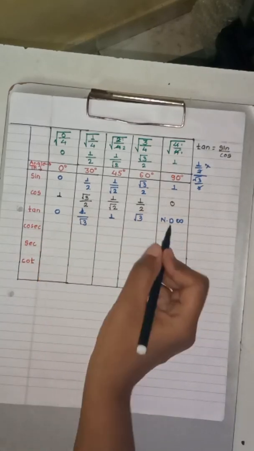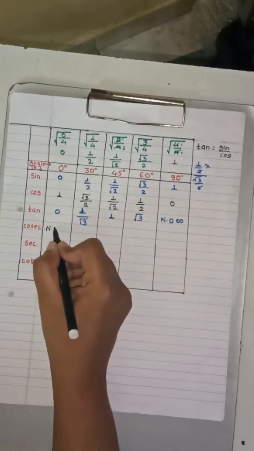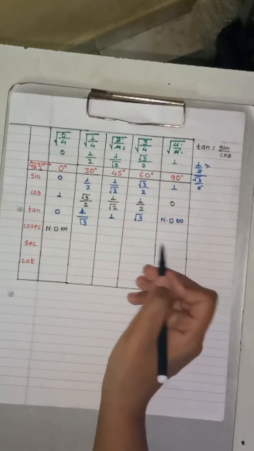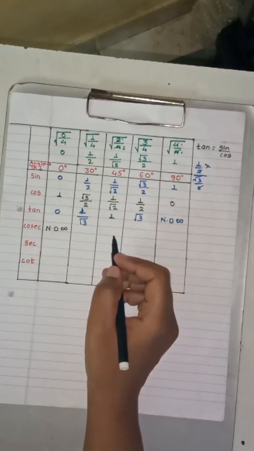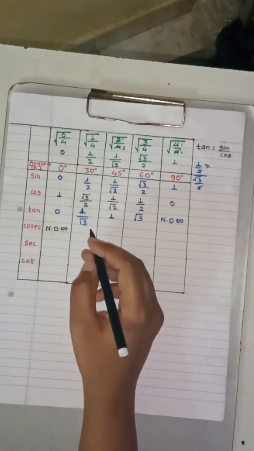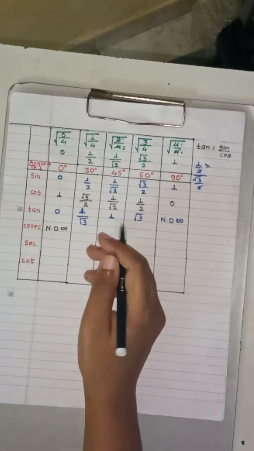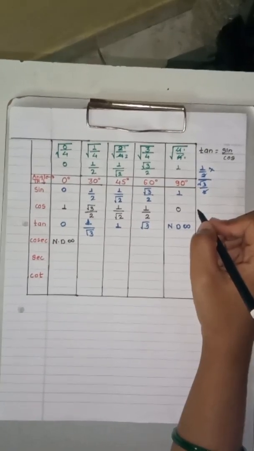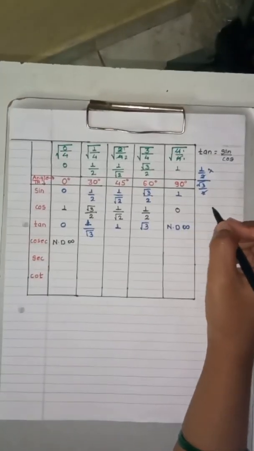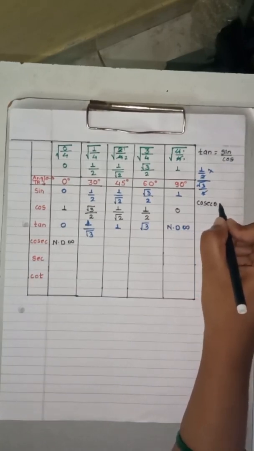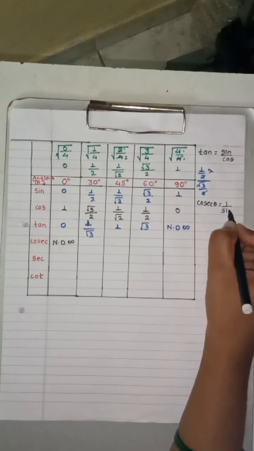First it will be not defined or infinite, then you will have 2. So cosec theta is equal to 1 upon sine.